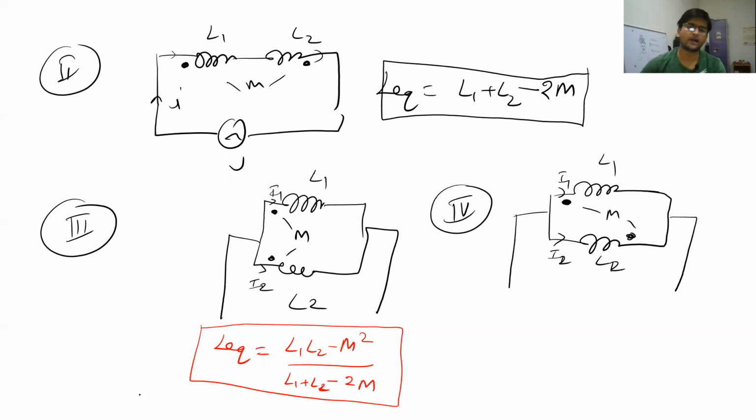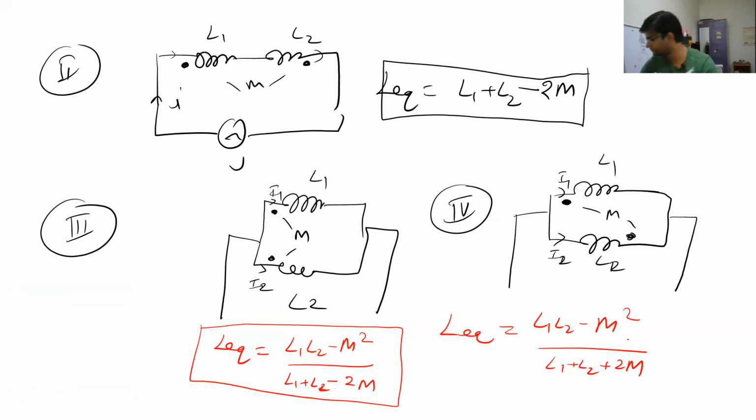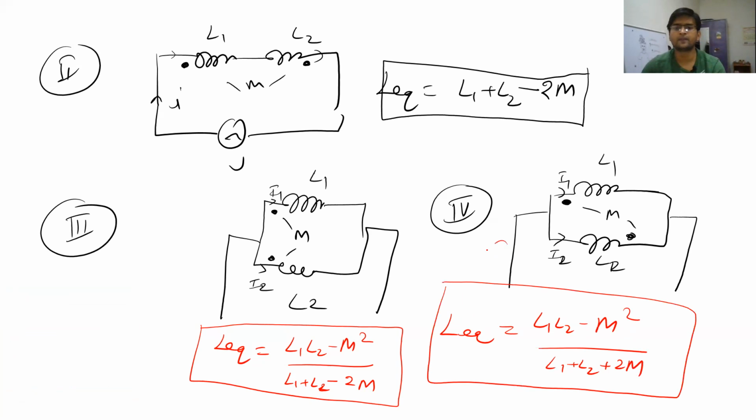So for this, I am just writing the equivalent inductance formula: L equivalent is equal to L1 L2 minus M square divided by L1 plus L2 plus 2M, right? So for this fourth circuit we will have L equivalent this, and for the third circuit we will have L equivalent this. So the only difference is in the denominator: there is a negative sign here, and here it is a positive sign. Rest is the same.